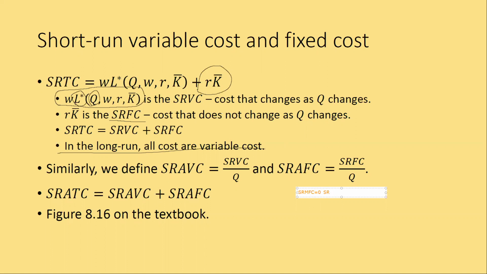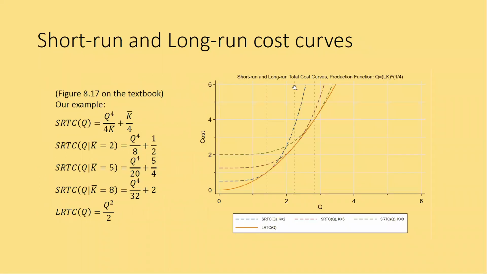And the short-run marginal variable cost is just going to be the same as the short-run marginal cost. This corresponds to figure 8.16 in the textbook. You can take a look at that.